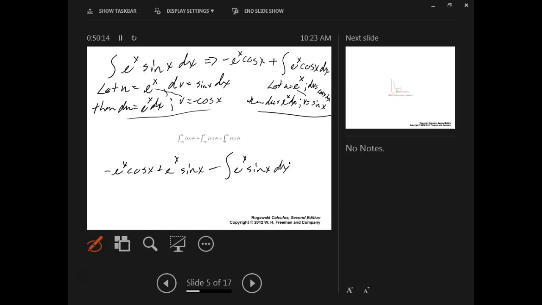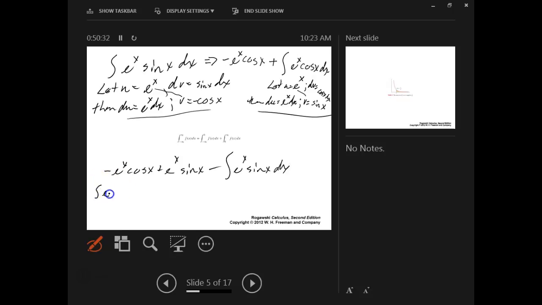Well, it sort of does, because this is exactly what we had to start with. So that thing there is equal to this thing here, right? So I'm going to write that down. I just don't have a lot of room.